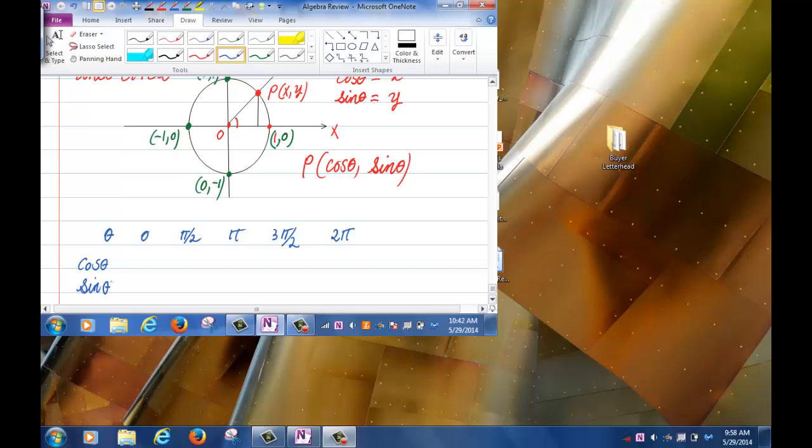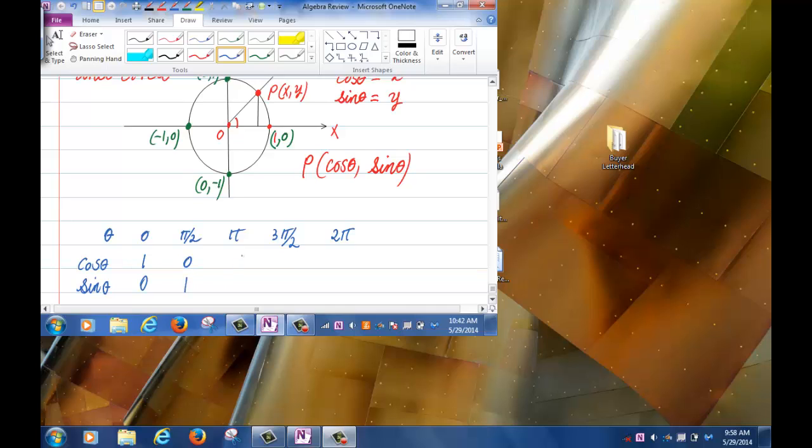What's the value of cosine 0? 1. Sine 0? 0. Because again, the first coordinate gives you cosine, the second coordinate gives you sine, because it's a unit circle. And cosine of pi over 2 is what? 0, and sine would be 1.